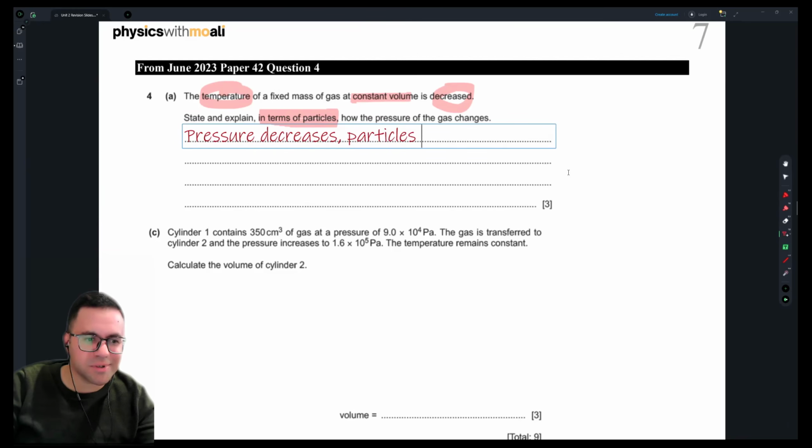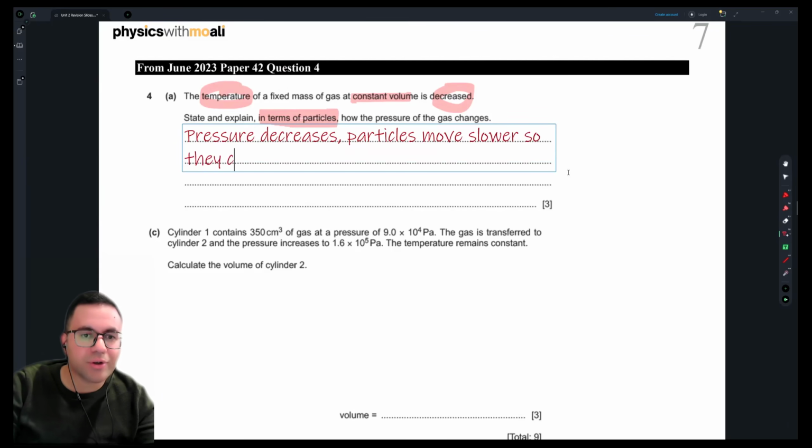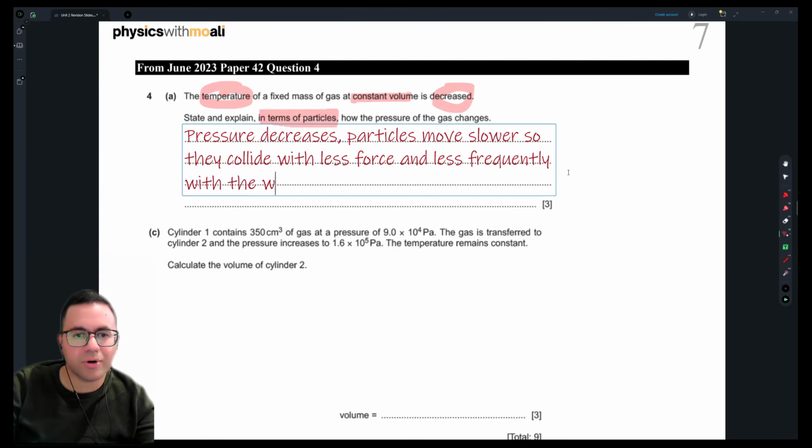The particles move slower, so they collide with less force and less frequently with the walls of the container.